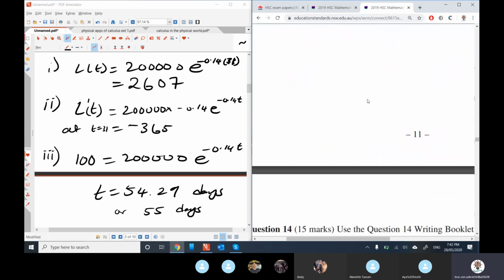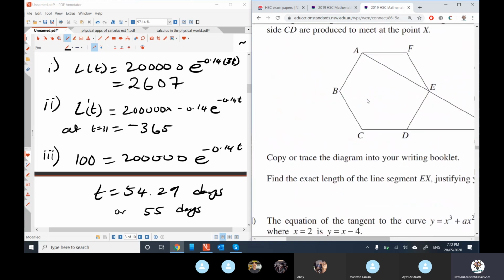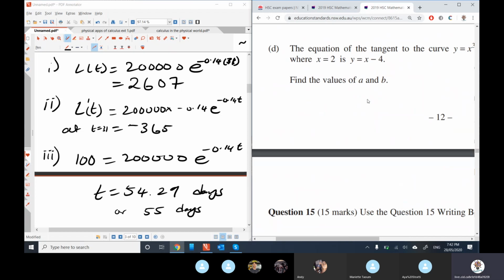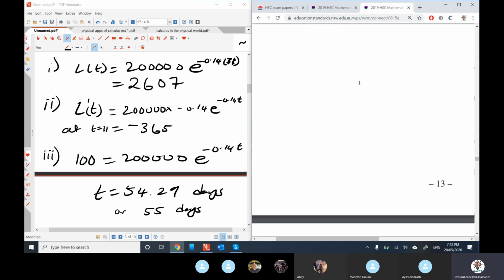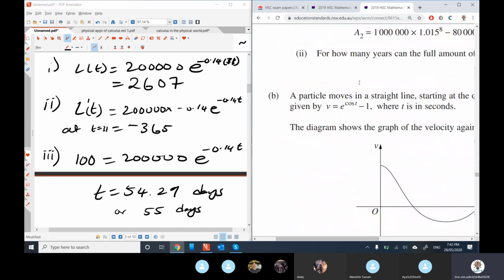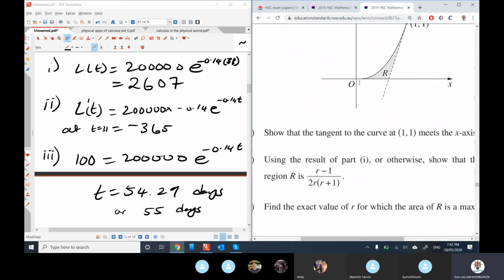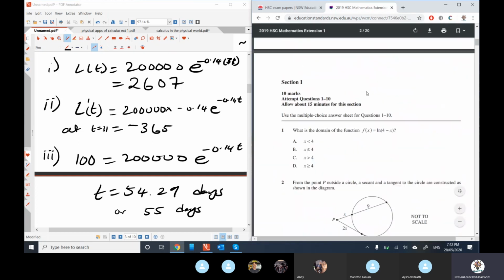Don't want to confuse us right now. That's a good one for logs and exponentials, but not what I want to do just yet. That's the only question I was asked in advanced.